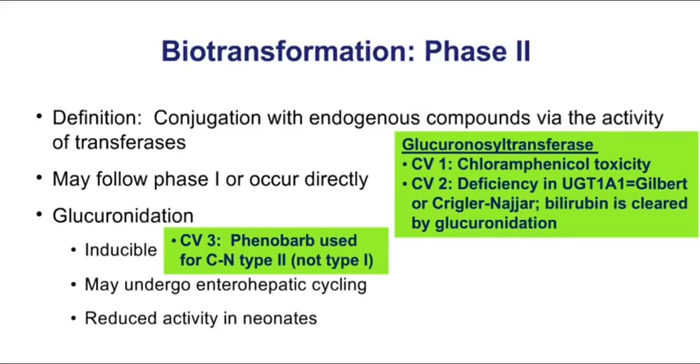Notice, that would be beneficial for a patient with Crigler-Najjar type 2 because they just have a partial deficiency in this enzyme. But phenobarbital would not be helpful for a patient with type 1 because they have an absolute deficiency in glucuronidase. So a response to phenobarbital tells you that it's type 2, and the lack of response indicates that it's type 1.